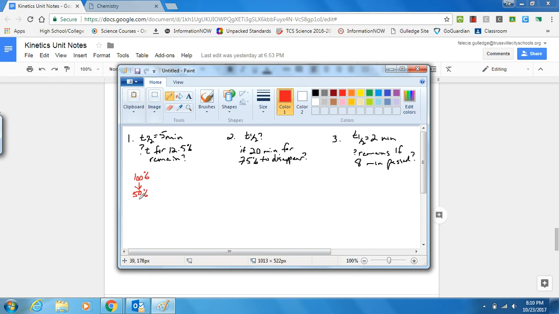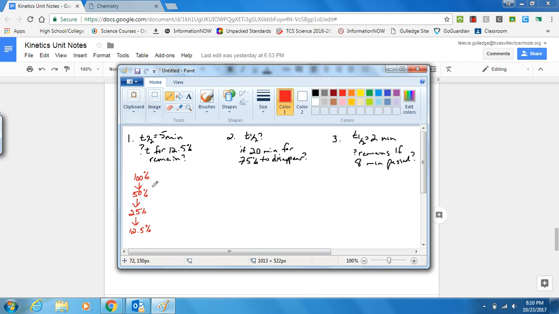Well, if I have 50% remain and I go through another half-life, then I now have 25% remain. If I have 25% there and I go through another half-life, now I have 12.5% remain. So you see what you're doing is cutting in half every single time.